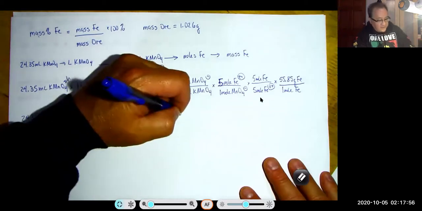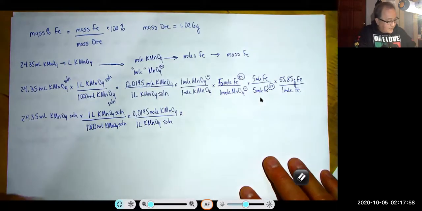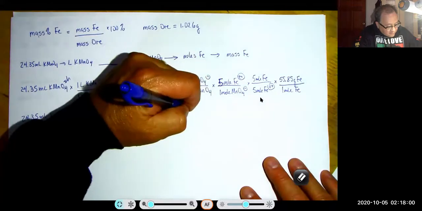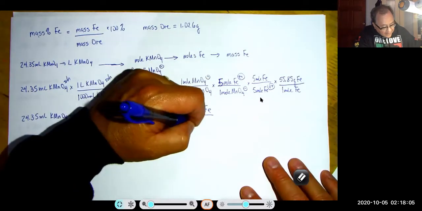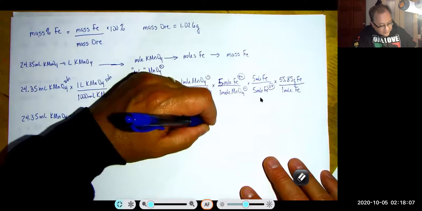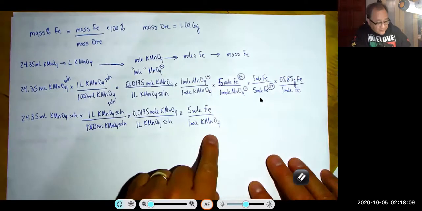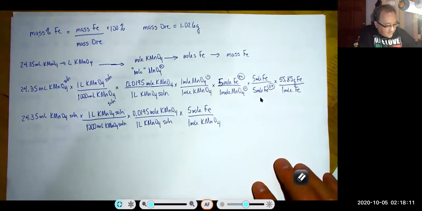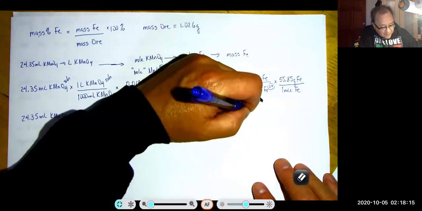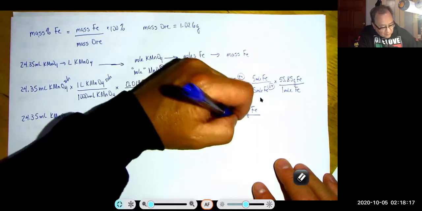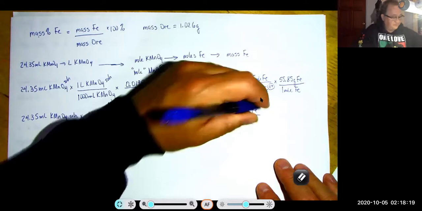And I don't really need this. I can see that I'm going to have 5 mole of iron to 1 mole of KMnO4 because that MnO4 represents KMnO4. And then times 55.85 grams of iron per 1 mole of iron.